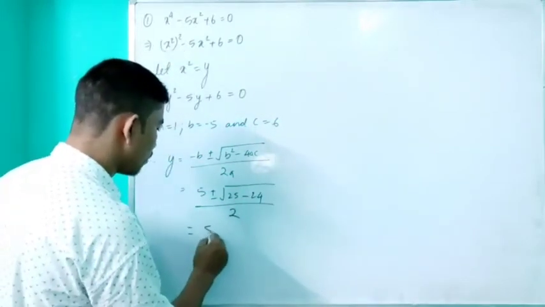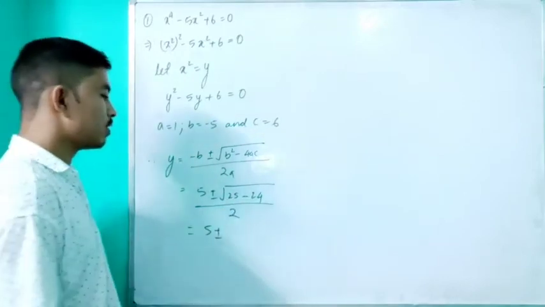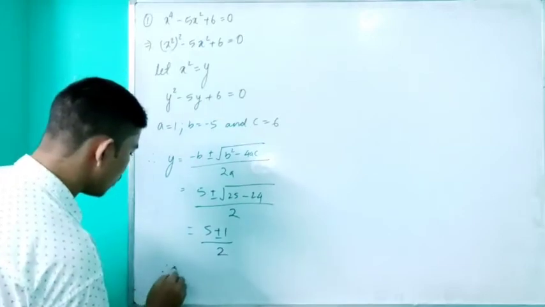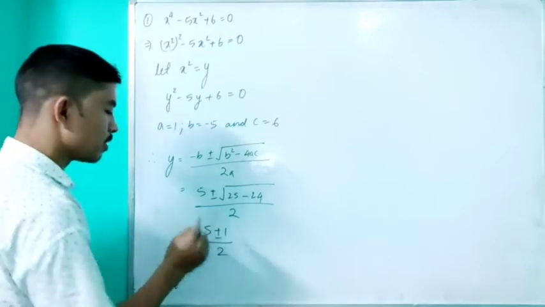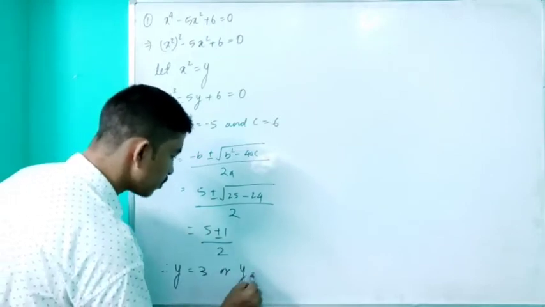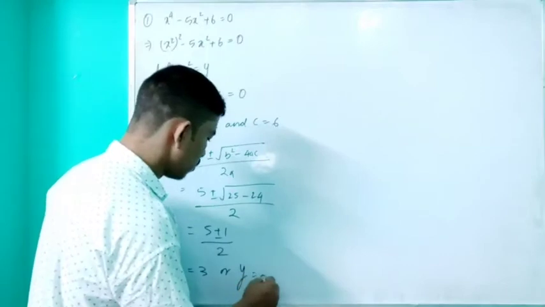So this gives me 5 plus minus, 25 minus 24 is 1, under root of 1 is 1, divided by 2. Therefore y will either be equal to 5 plus 1 is 6 by 2, that is 3, or y will be equal to 5 minus 1, 4 by 2, that is 2.